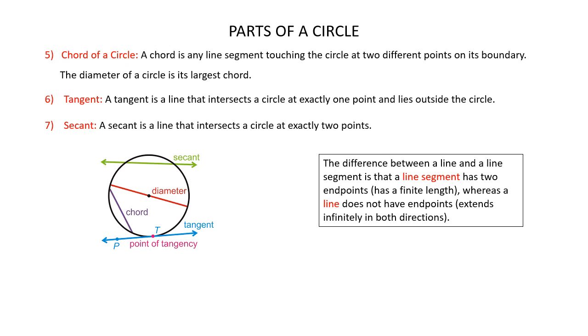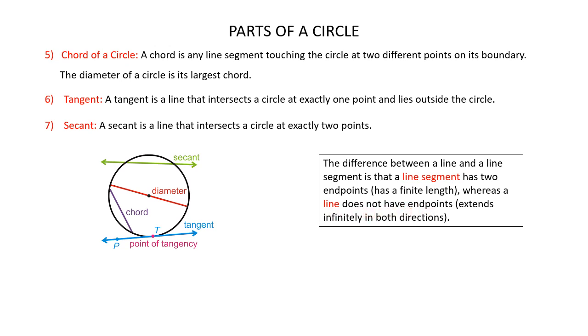Now let's know the difference between a line and a line segment. Now a line segment has two endpoints. That is, a line segment has a finite length. A diameter is a line segment because it has two endpoints. Now a line does not have endpoints.